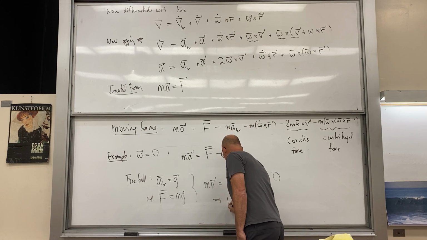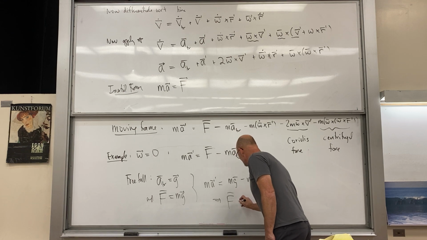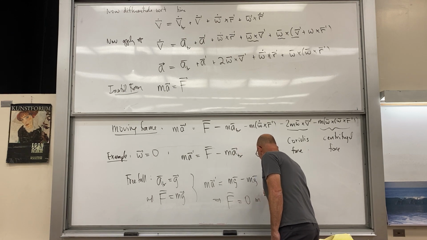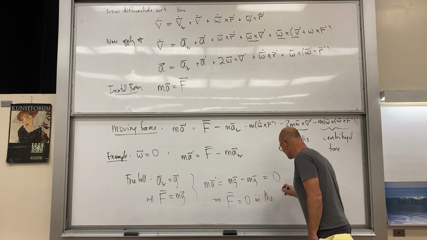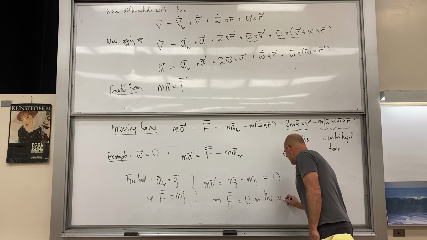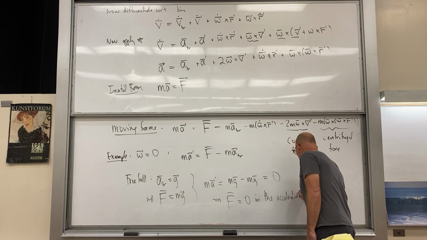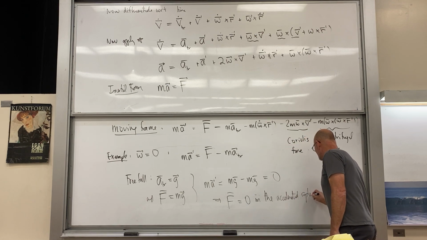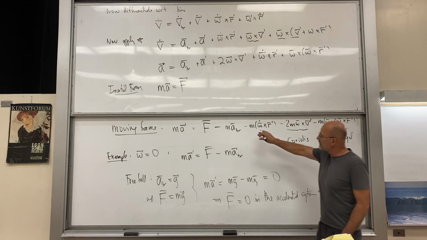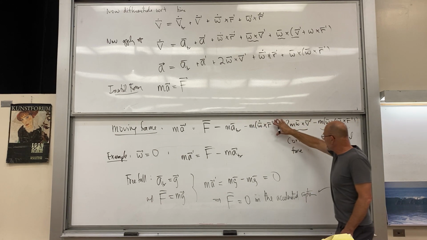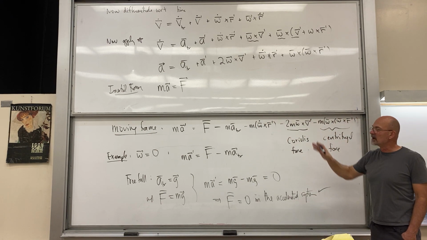So F equals 0 in the moving system, in the accelerated system. So that had to check out, and that's very basic. But now if you have a problem in which the rotational effects come into play, it can be a lot more complicated.